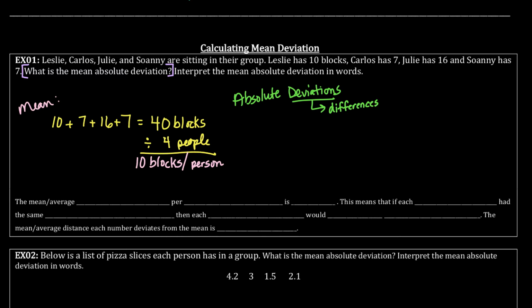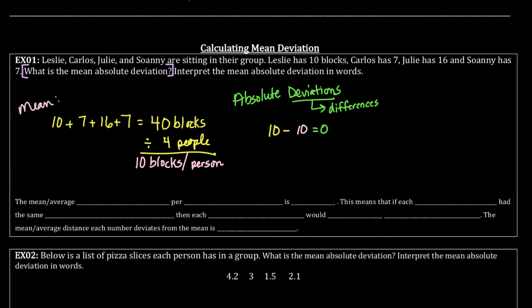So I'm going to take this 10, for instance. I want to figure out how different it is from the mean. So I'm going to take away the mean, which is 10, and I get 0 because it's not different, right? This number is not different from the mean.